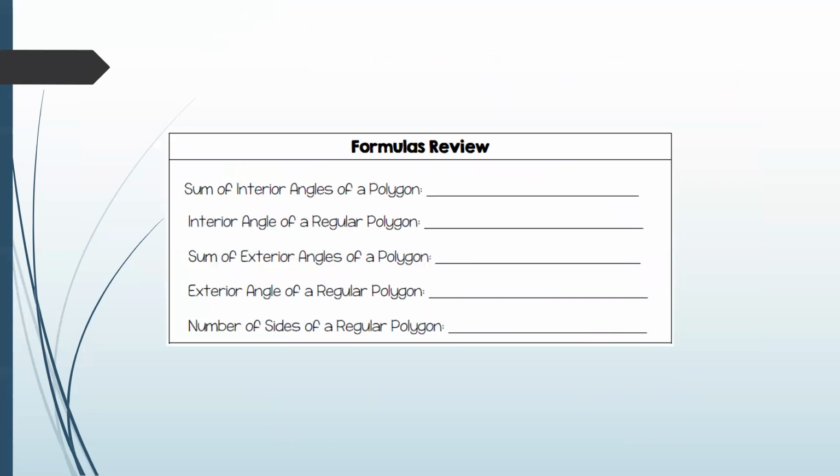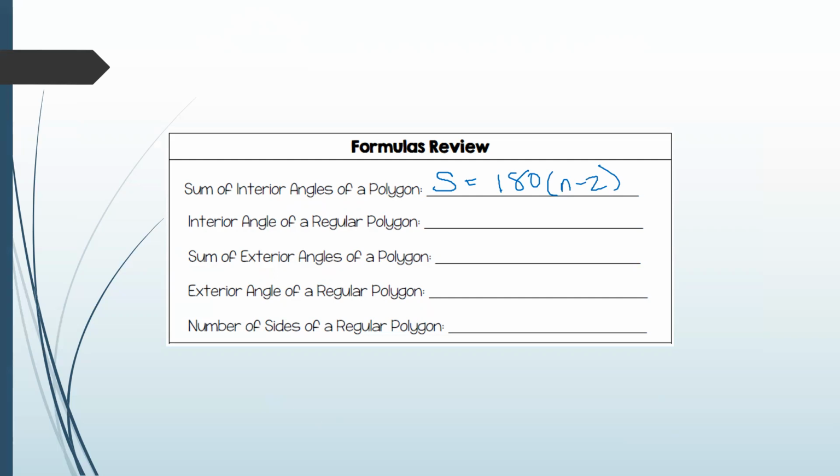Okay, so we've talked about quite a few formulas here. Here's a little table to help you keep them all straight. The sum of interior angles of a polygon, we called that S for sum, is 180 times n minus 2, the number of sides minus 2 times 180.